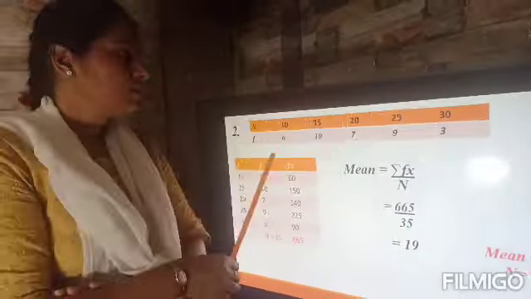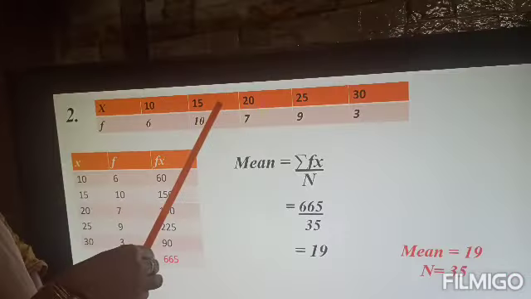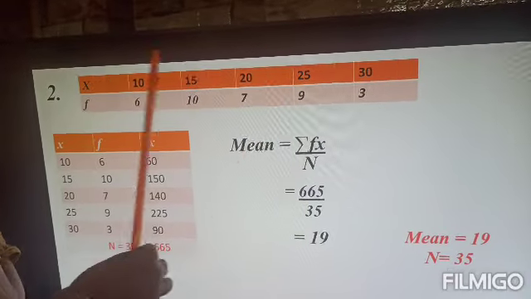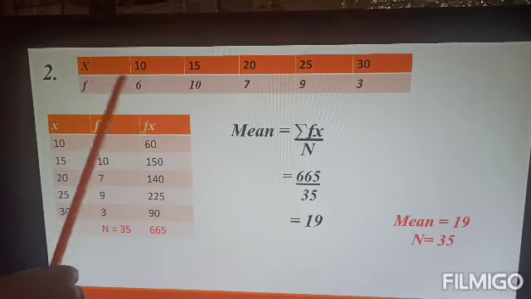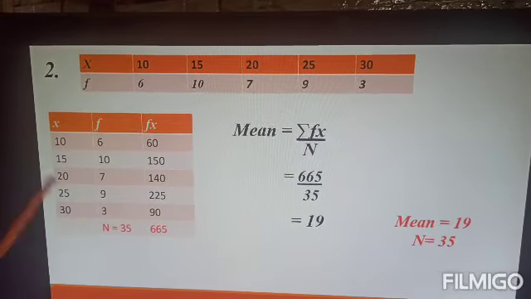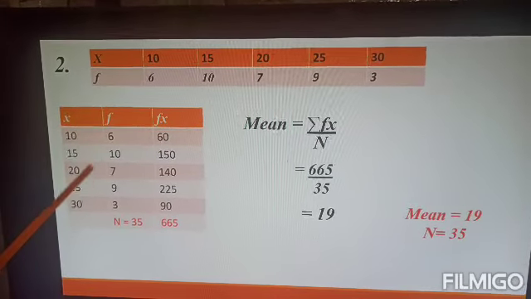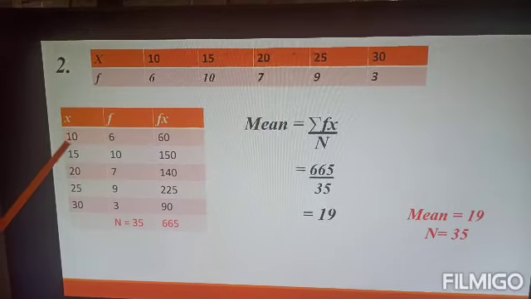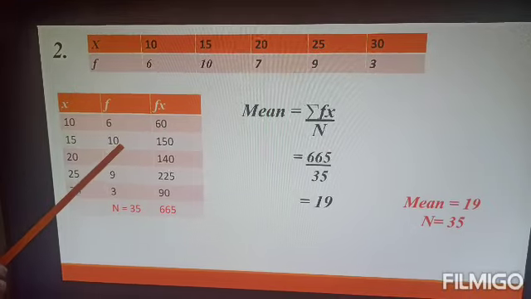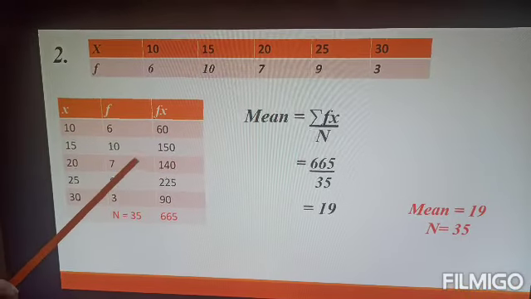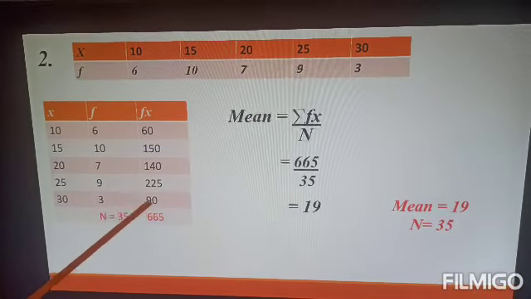Okay. Now second example: x 10, 15, 20, 25, 30. Frequencies 6, 10, 7, 9, 3. Now I have to form a table, x column, f column, and multiply these two to get the fx column. 10 into 6, 60; 15 into 10, 150; 20 into 7, 140; 25 into 9, 225; 30 into 3, 90.